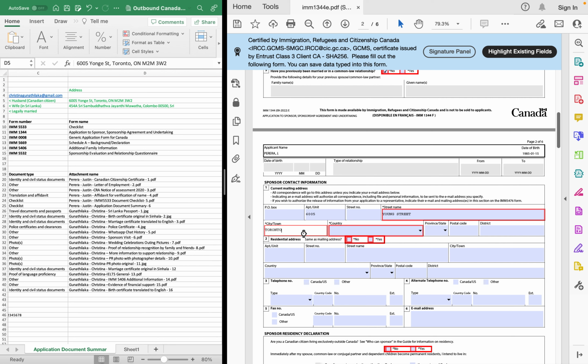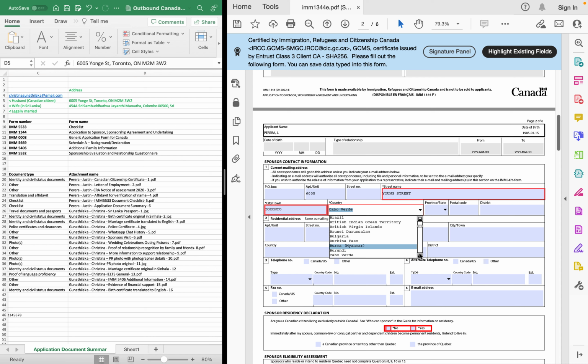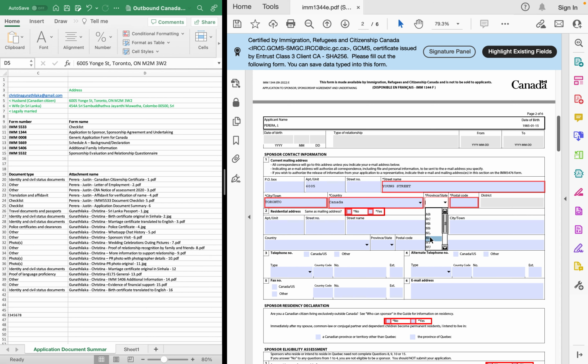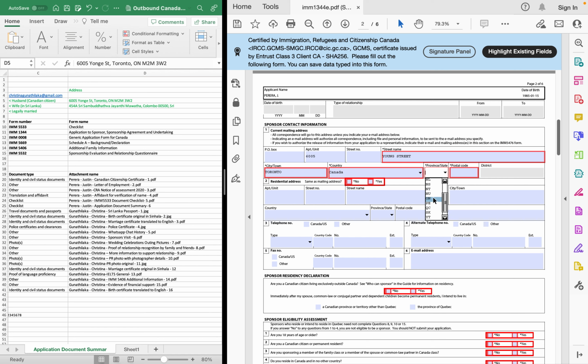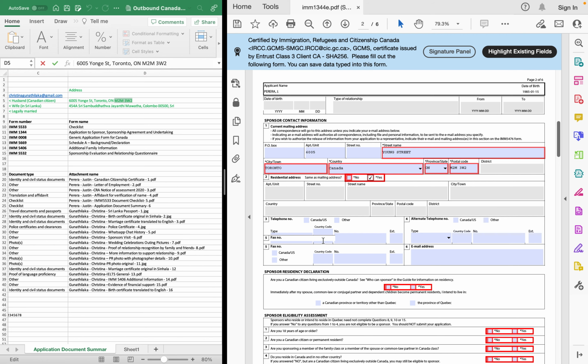Town, and then the country that person is in is Canada. This person is in Ontario, so it's gonna be ON, and the postal code is this. Okay, residential address, same as the mailing address above. I'm gonna say yes, so you don't have to refill it.